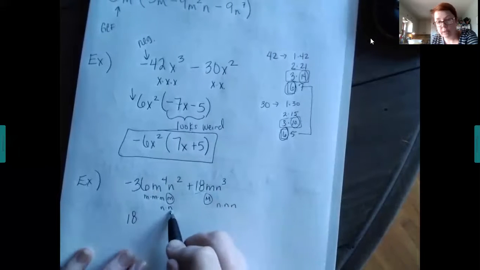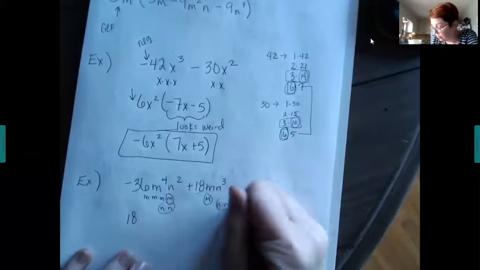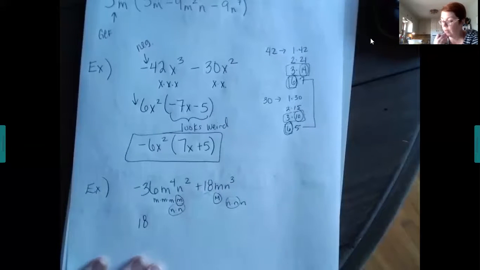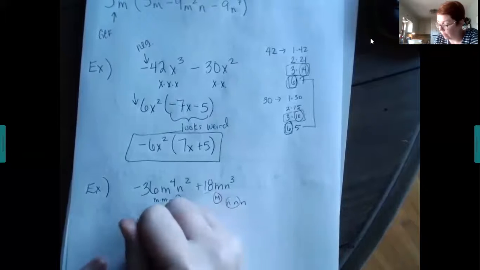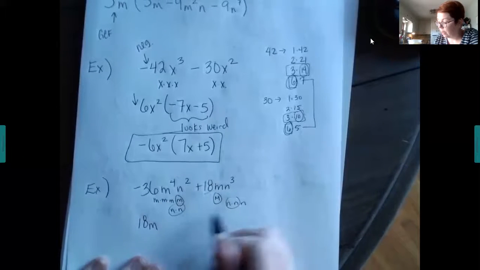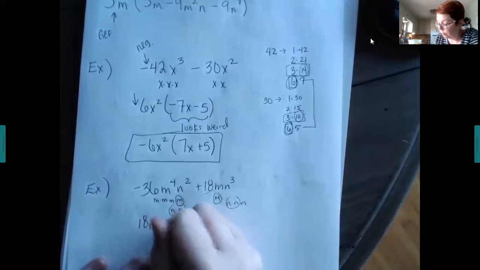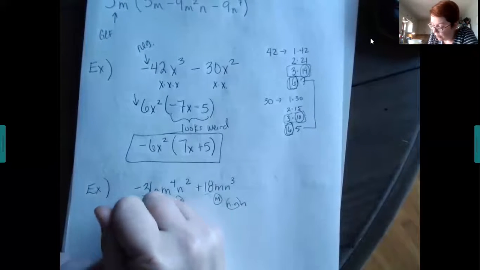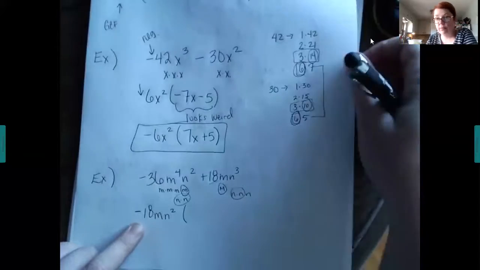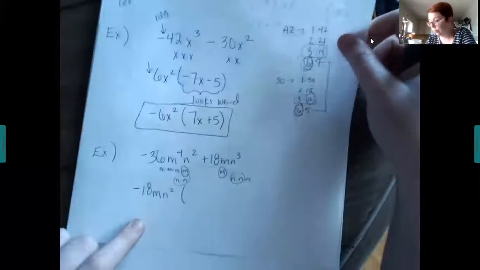I can only take as much as this has to give. Okay? So variable-wise, exponent-wise, I can take out a single m and then n squared. But since this is negative, they want you to divide it out by a negative greatest common factor.